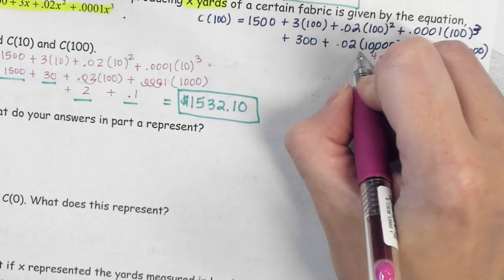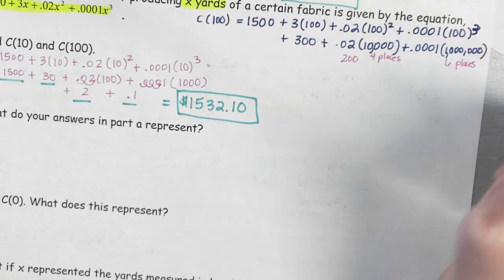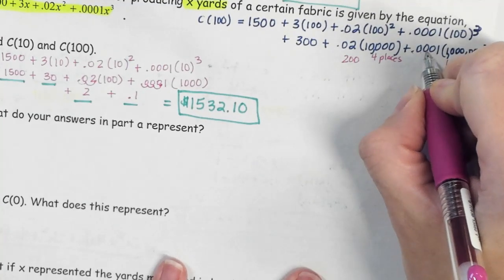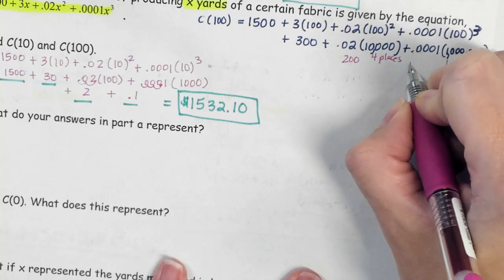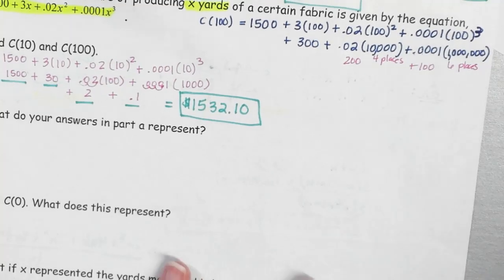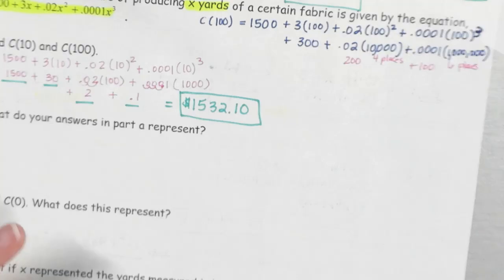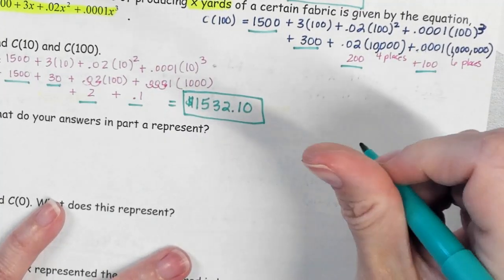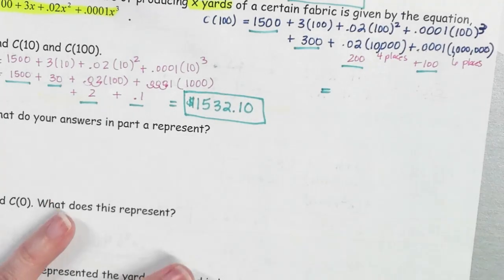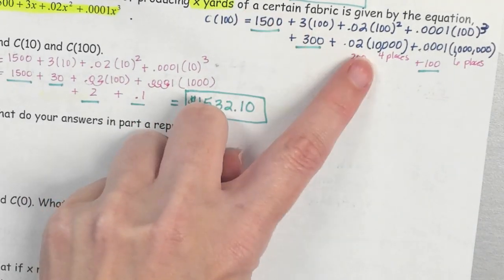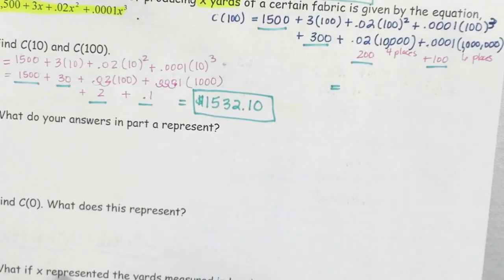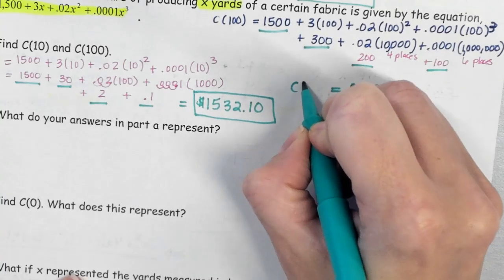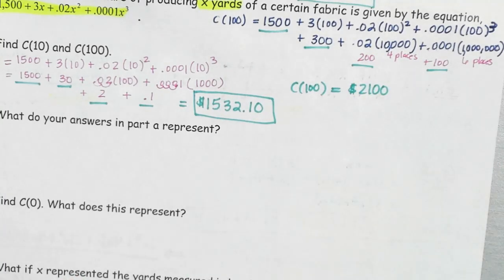So 1, 2, 3, 4, this would be 200. 1, 2, 3, 4, 5, 6, 100. So we just have to add 1,500, 300, 200, 100. You can tell pretty easily this is 2,000. So 2,100. That's not too bad, right?